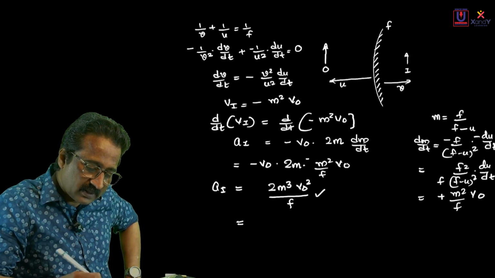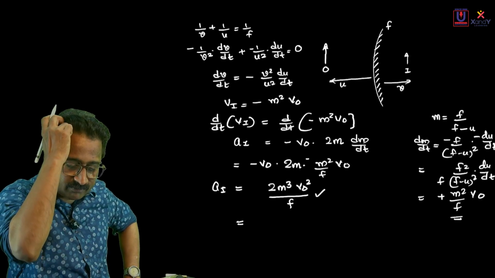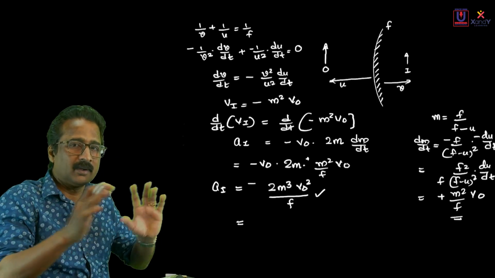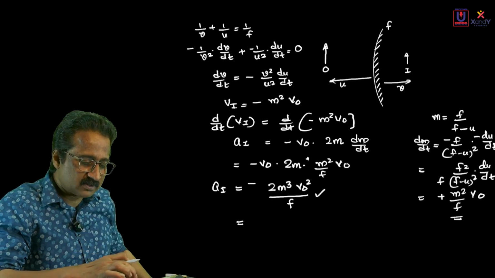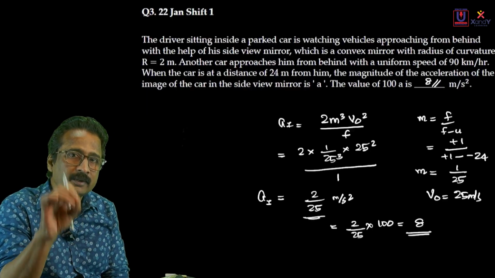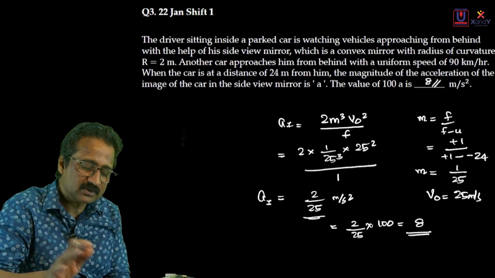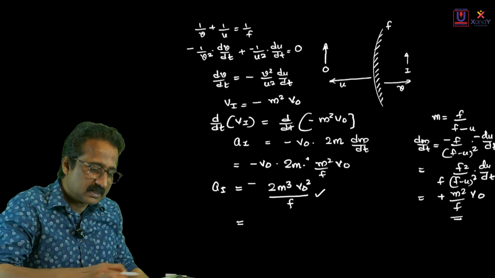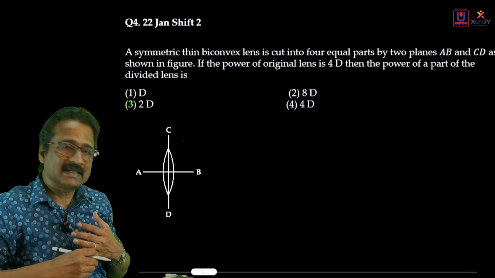So it will be actually plus m squared f by vu. So in that way, the final answer will have a negative value. Okay, but don't take it seriously because the final answer is only about the magnitude, the numerical value of that 100A. So it's only 8, doesn't matter. Actually, it has a negative sign here, but at least that is not serious in that question.